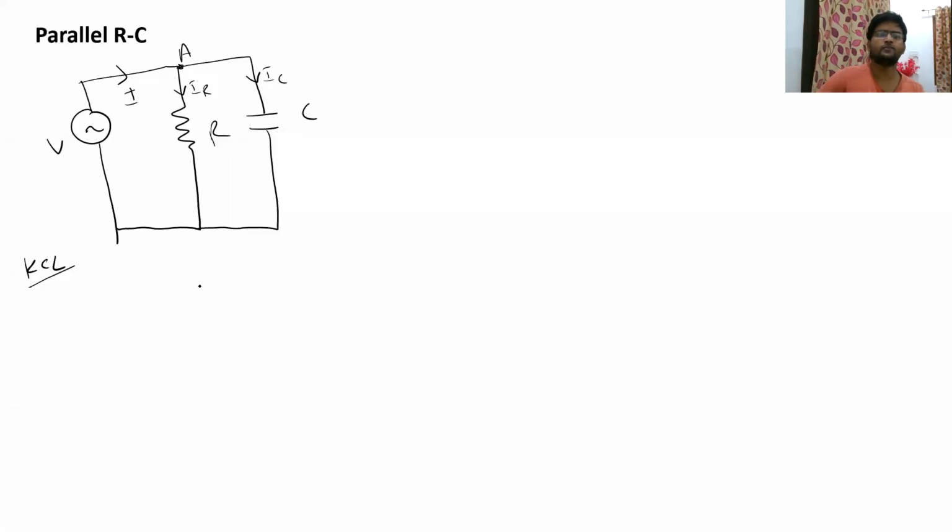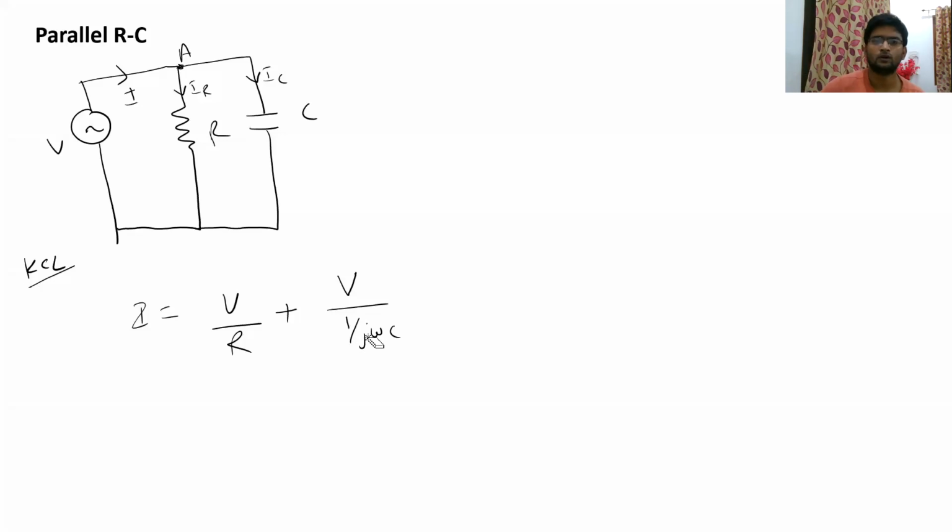Now, similarly, in the case of a parallel RC circuit, if we write KCL at point A, we will get I is equal to V upon R plus V upon 1 upon j omega C, or we can just write it as minus j XC.